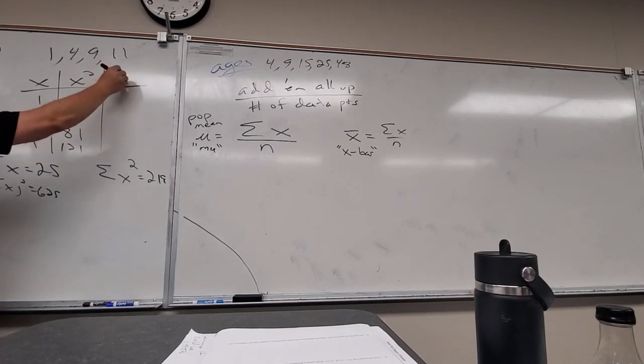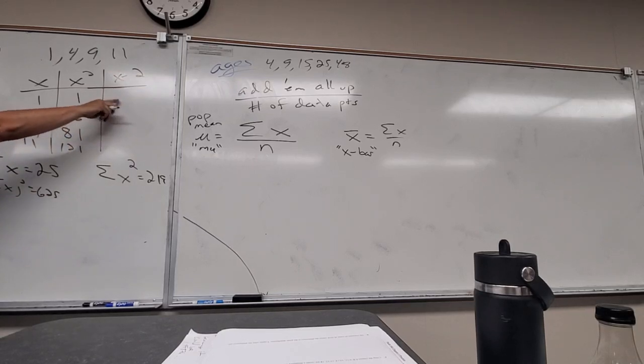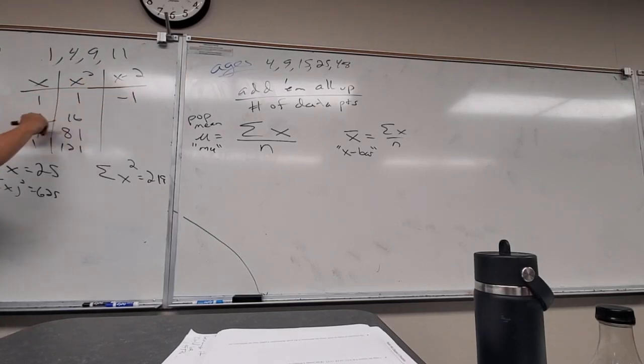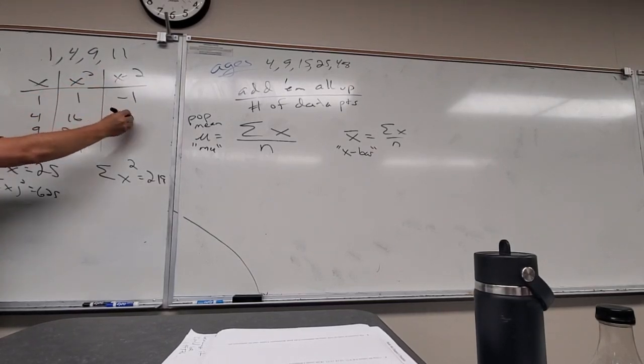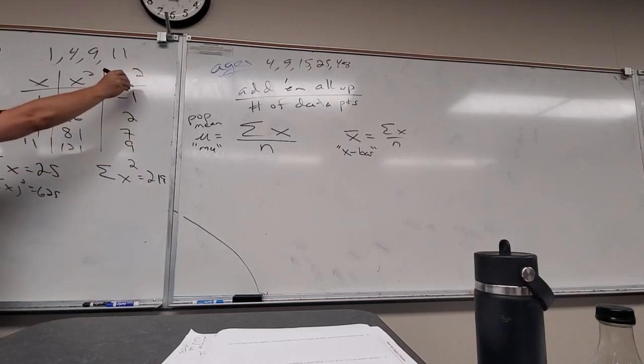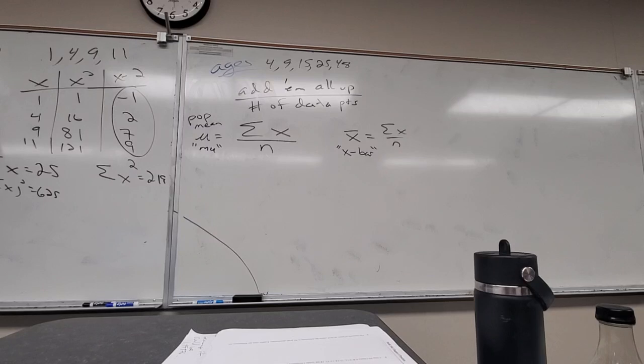So now I can make an x minus 2 column, so what goes here? If x is 1, what's x minus 2? Negative 1? 2? 7? 9. So what do you get when you add these up? So now I can sum up the x minus 2's because I have a bunch of x minus 2's. And what do you get?